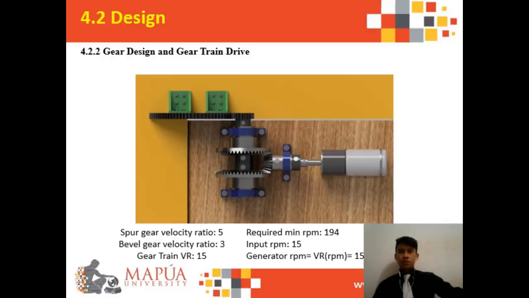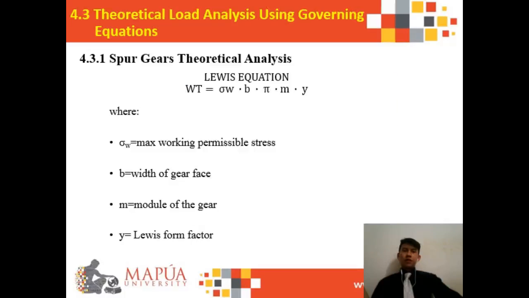So next, we consider using the Lewis equation, which assumes that only one tooth of the spur gear transmits all the power. When one tooth can handle the load safely, it is safe to assume that the gear can transmit the power safely, since spur gears transmit power with more than one tooth.